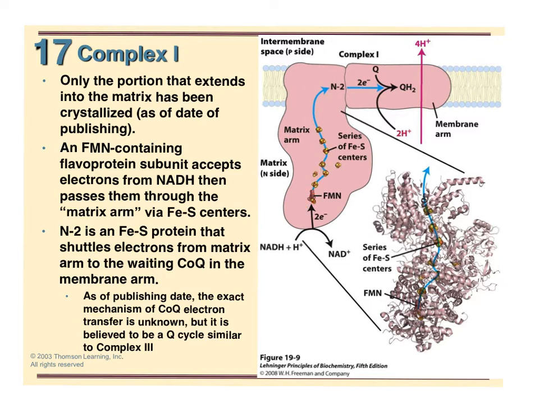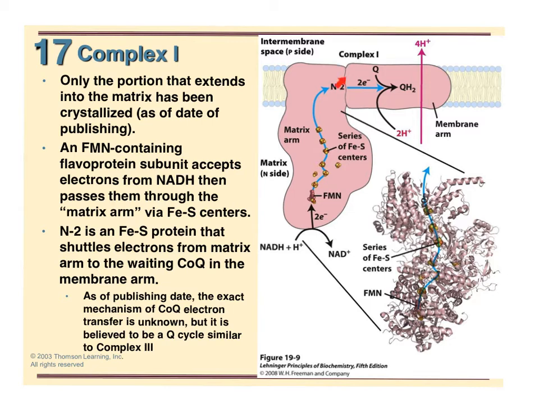It reminds me of a ping pong machine, because it's going to pass the electrons through a whole series, not just 1 or 2, but a whole series of these Fe-S centers, one to another, to another, to another, until it reaches what I've been calling the panhandle, the part that's in the membrane arms, shown here.